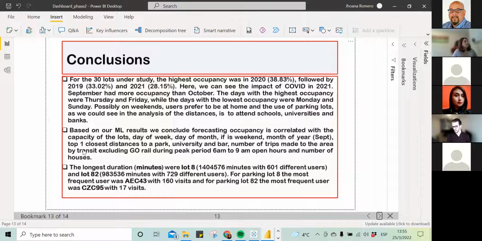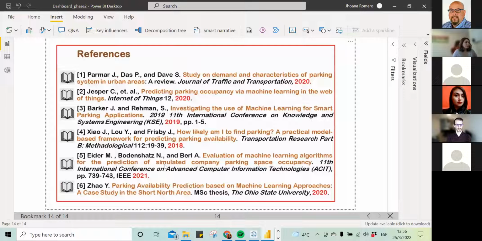The longest durations in minutes were lots number 8 and 82, and we can give some incentives to the most frequent users in those parking lots. And here we can see some references of our work. Okay, that is all. Thank you very much.